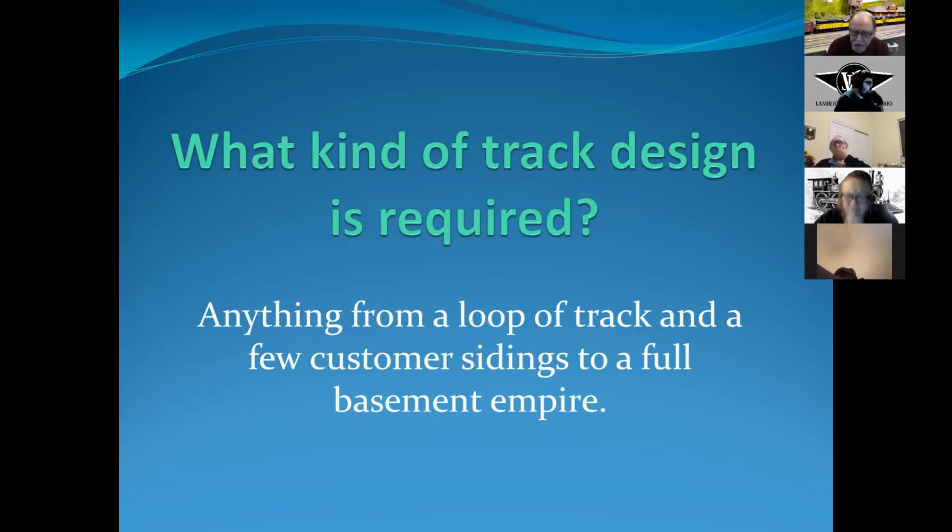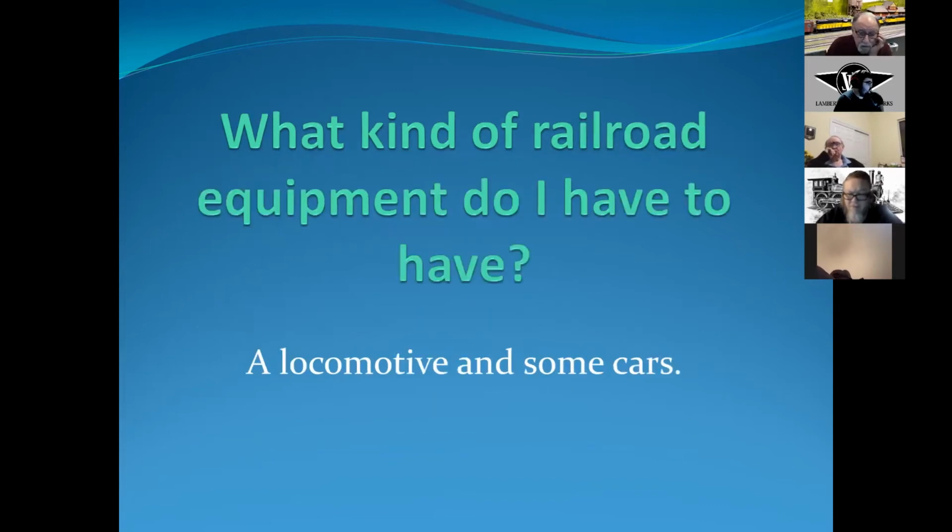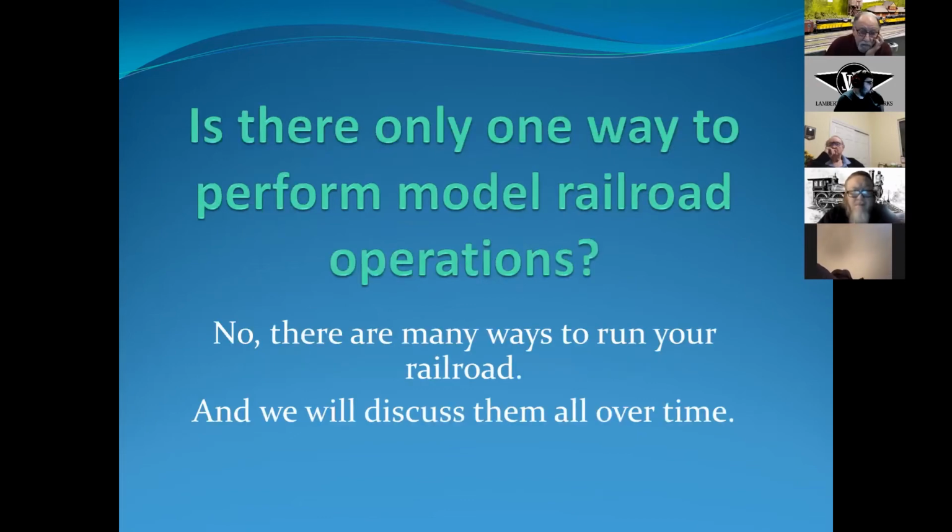We'll get into that more later on, not tonight, how you can start operations. So what kind of railroad equipment? If you've got an operating railroad with just locomotives and cars and that loop of track with the sidings, you're good to go.